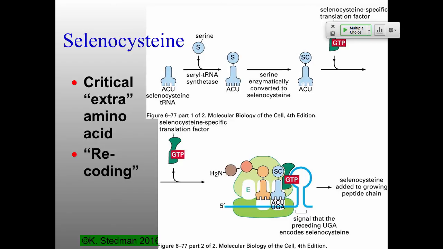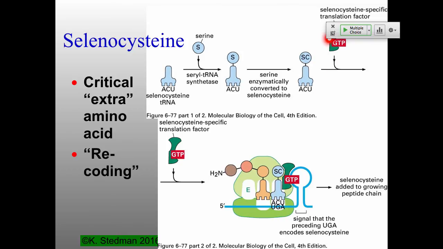So how do we get one of these unusual amino acids, and in this particular case, selenocysteine, which is added? Turns out that there's a specific selenocysteine transfer RNA that gets serine charged onto it by the seryl aminoacyl tRNA synthetase, and that gets converted to selenocysteine by another enzyme, which will bind to this selenocysteyl tRNA and change that to selenocysteine.